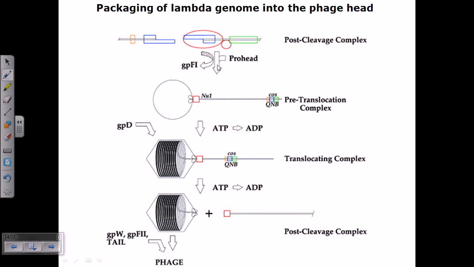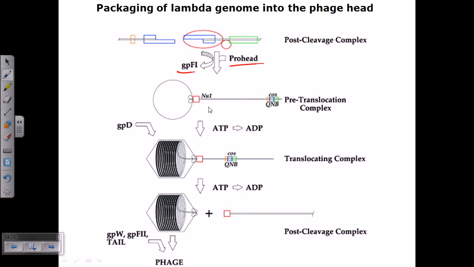Okay, now let's talk about the packaging of the lambda genome inside the phage in much more detail. As you can see here, this is the section at the terminal. We have cos sites, and we have this prohead coming in, and the protein called GPF1 is also there, and cos sites are present at both termini, as you can see in this picture.